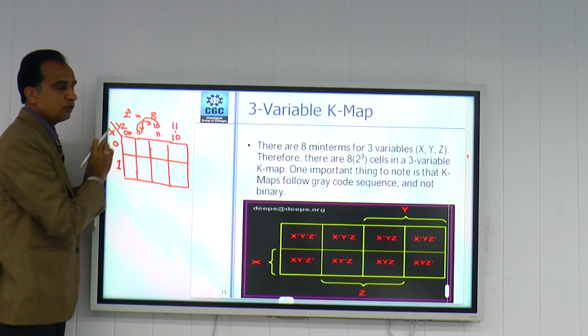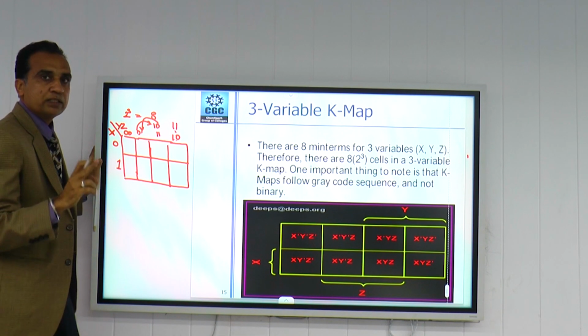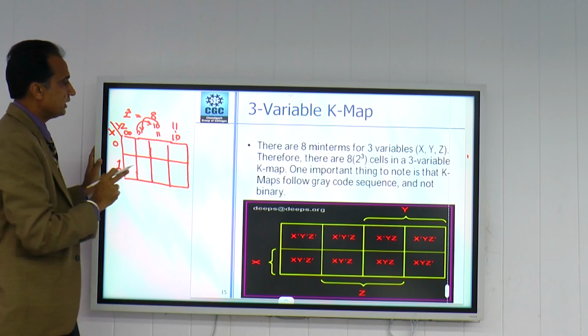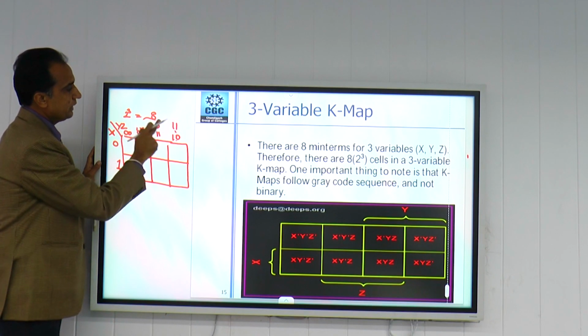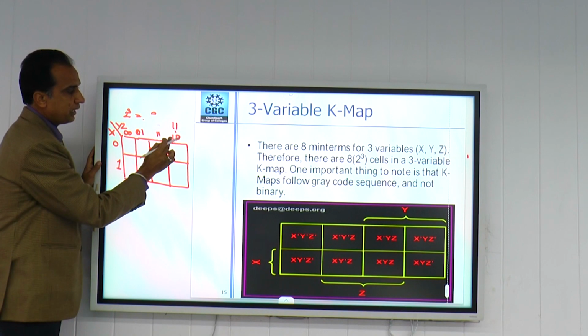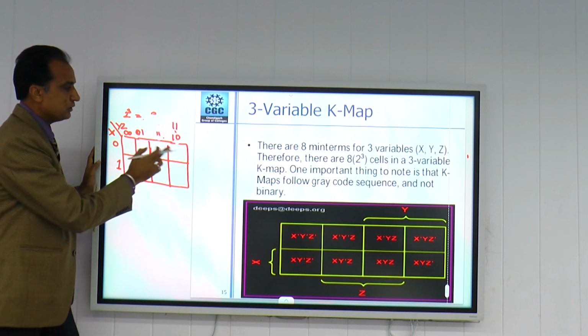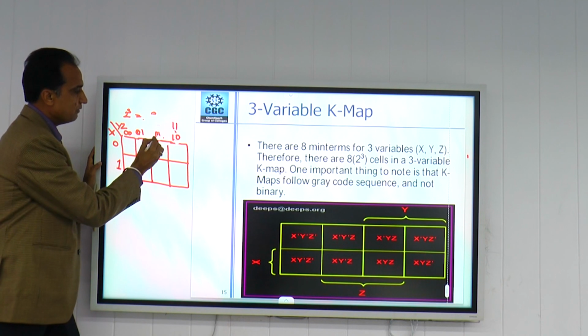Means there is a change of two variables, but according to the condition of the K-map, the change will be of only a single variable. So we rewrite it as 0 0, 0 1, and then 1 1. After 1 1 we write 1 0. Now these two values differ by only one variable.